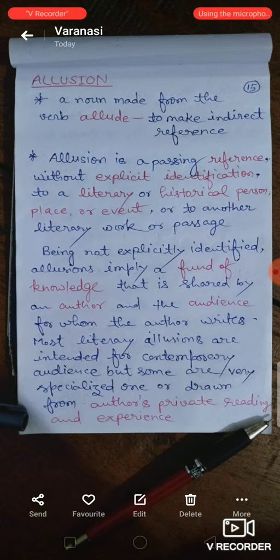And there is another word in modern criticism that is called intertextuality. That is also somehow a term concerned with allusion, where we have several references of other texts in a particular text.